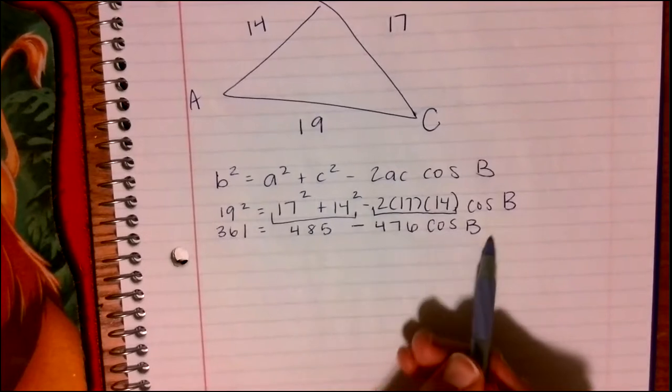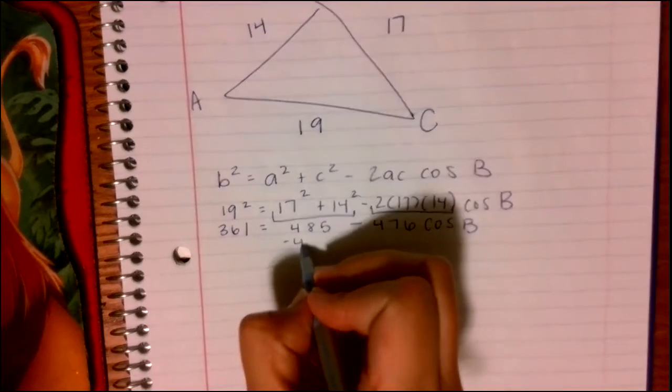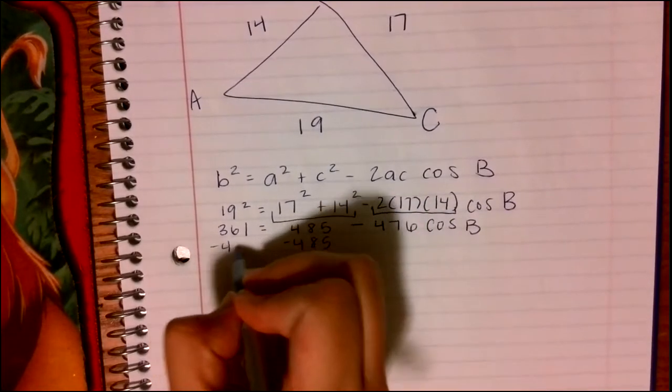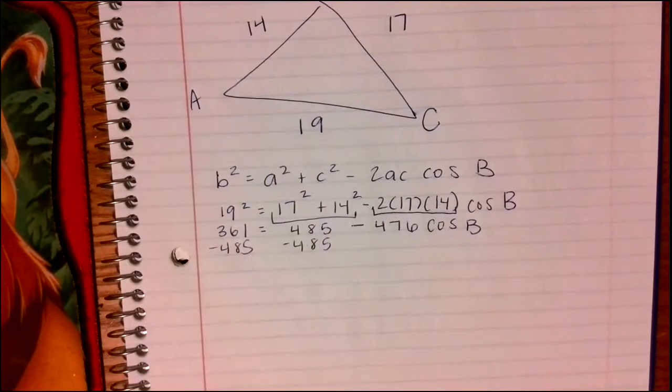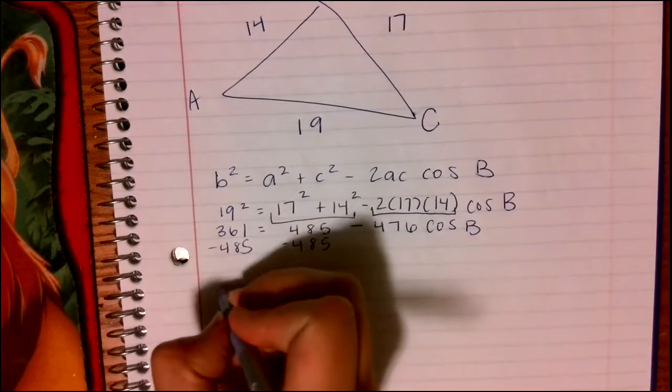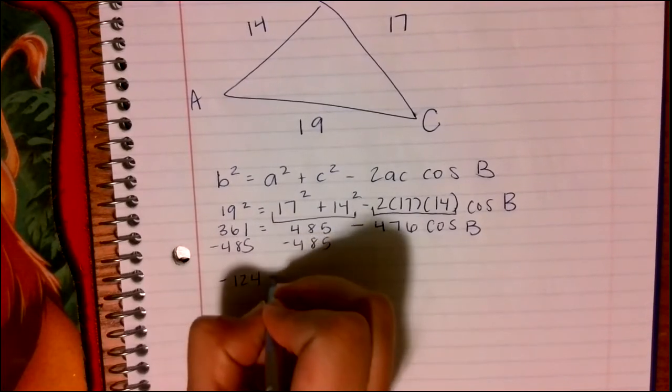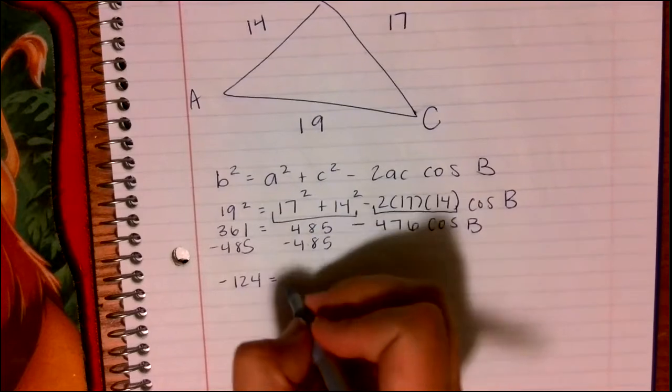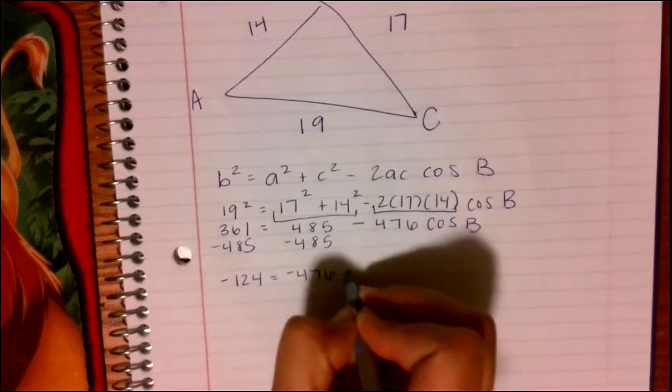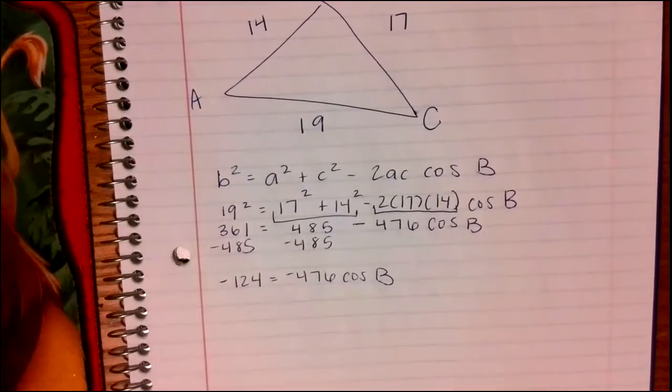This is all one term, but I can move 485 to the other side. So 361 minus 485, and that's negative 124, which is equal to negative 476 times the cosine of B.